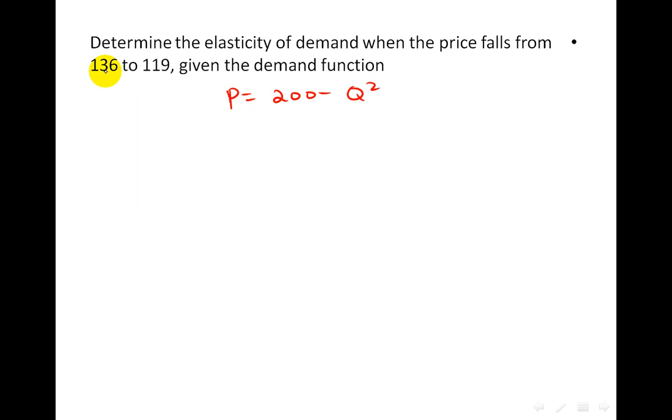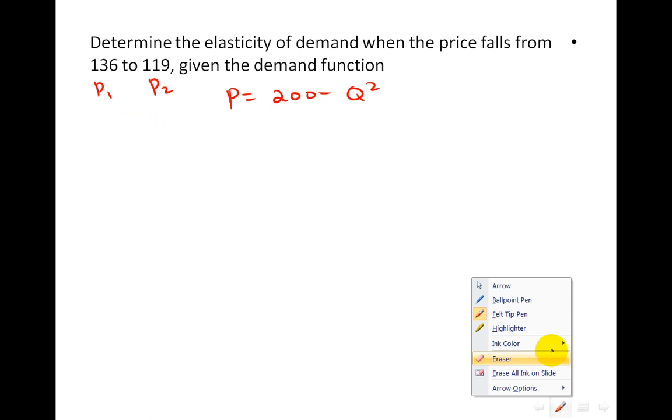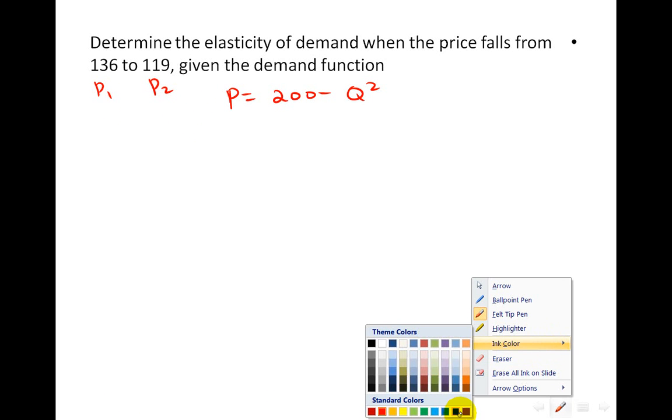Here you have two prices. I can call this one P1 and this one price 2. Based on P1 and P2, I'm supposed to find Q1 and Q2. If you plug in P1 you'll find Q1, and corresponding to P2 you'll find quantity 2. So I'll start with the first price to find the first quantity.